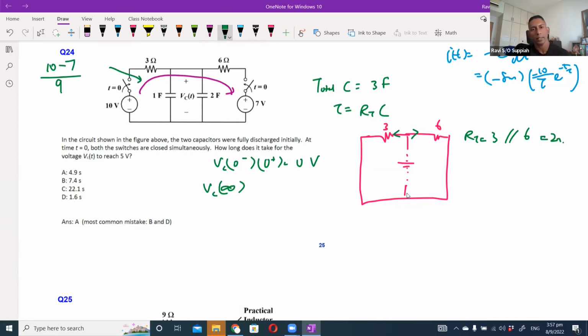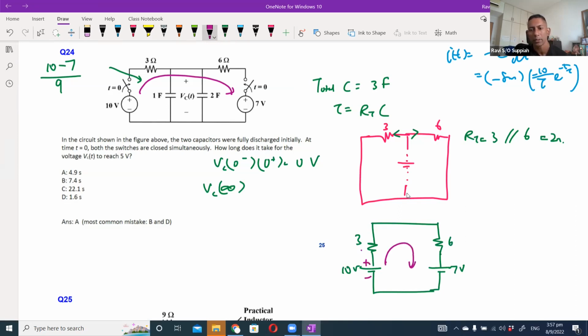To calculate the voltage across the capacitor, which is across the two parallel branches, the two branches are either 3 and 10 volts or 6 and 7 volts. Since we know the current is flowing in this direction, same like how we did the battery, if I take the left hand side branch, it is in the opposite direction, so I subtract.